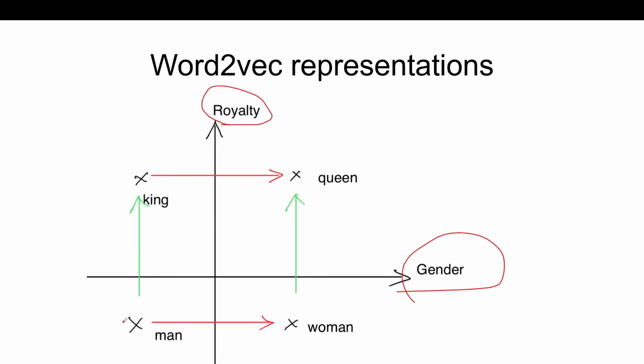For example, if we start with the word man and move it along the x-axis, the gender axis, we can transform the word man to woman, by transforming the word from male to female. And if we move the word along the y-axis, the royalty axis, we can make the word related to a royal family instead of the original word man.